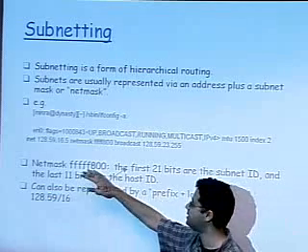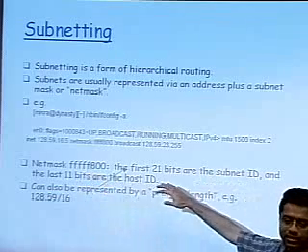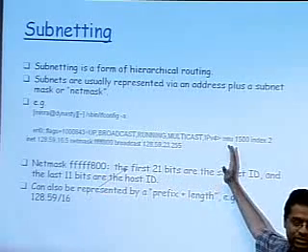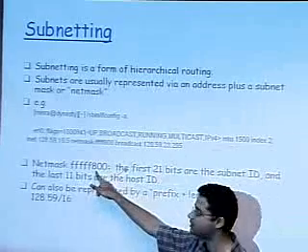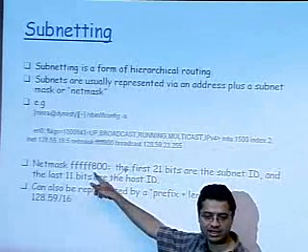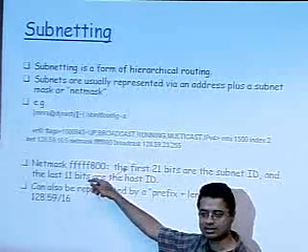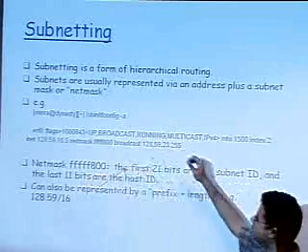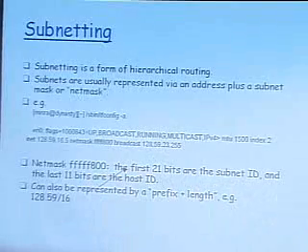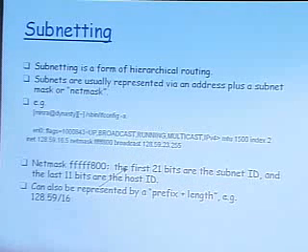So this FFFFF800 gives you the mask of the network. The 0, 0 and 3 bits here identify the 11 bits that are free in this network. So the net mask gives you a way of identifying the size of the subnet.